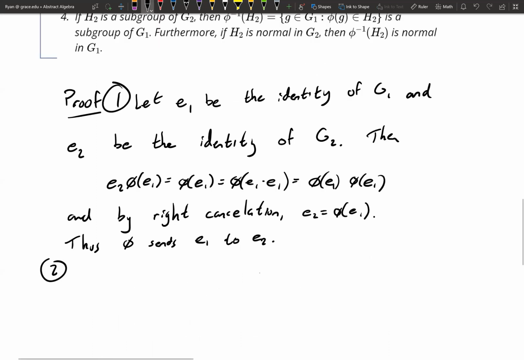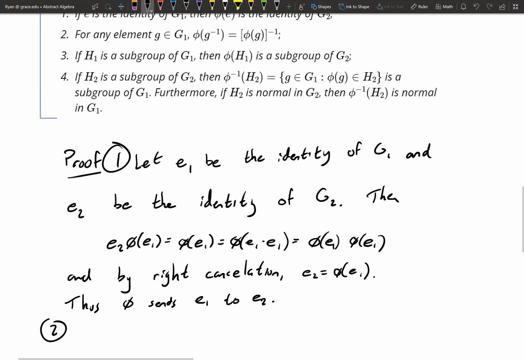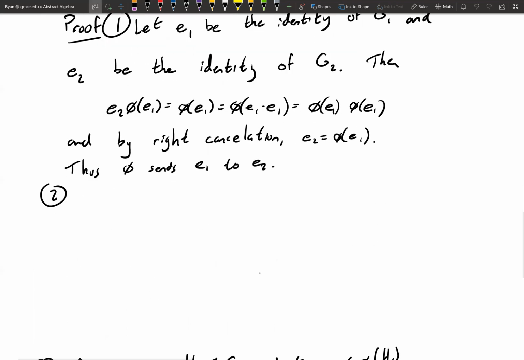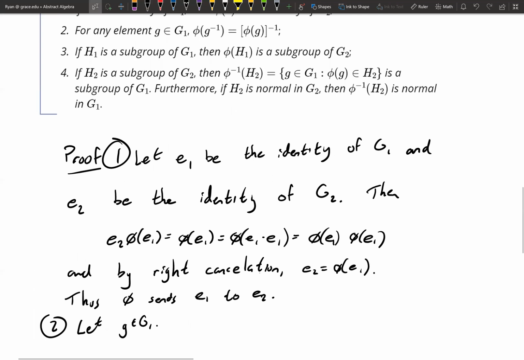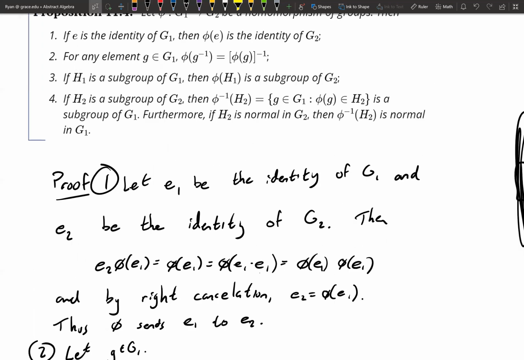Okay, 2. For 2, we're showing that inverses. So let G be an element of G1. This proof is going to be really similar to a proof from when we first introduced groups. If you're trying to show this equation right here, what is another equation you can use to show this one?